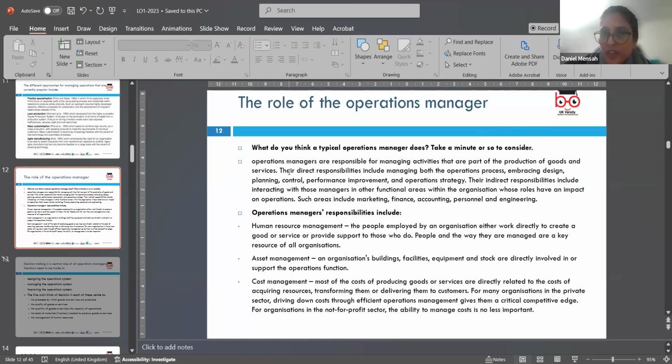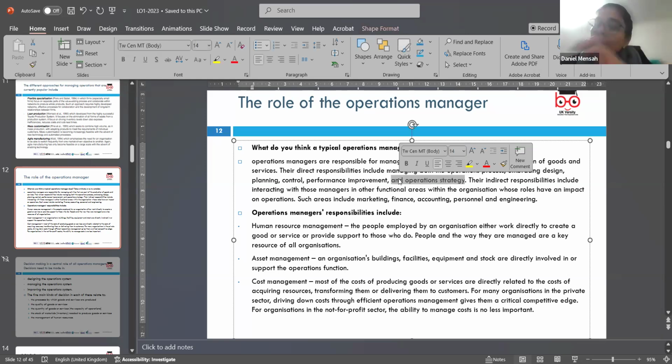So they are responsible for managing all activities related to that, which could be the operation processes, designing the operations, planning, controlling, performance improvement and operation strategies. They were making strategies related to the operation, not other parts of the organization.